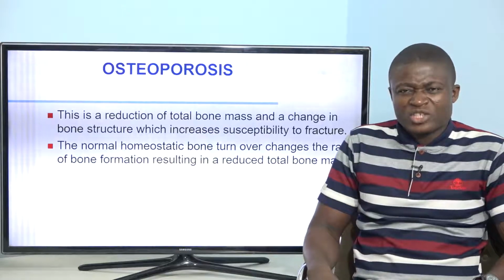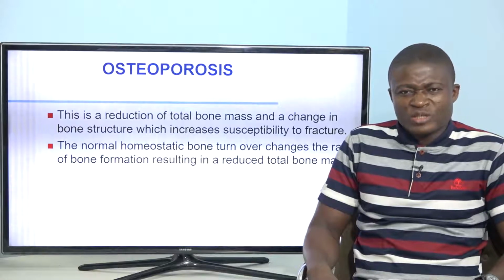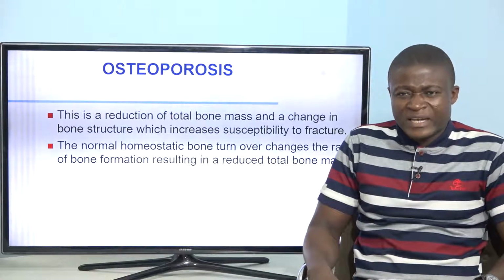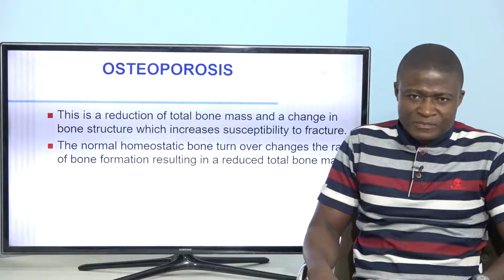It is a reduction of total bone mass and a change in bone structure, which increases susceptibility to fracture. The normal homeostatic bone turnover changes the rate of bone formation, resulting in reduced total bone mass.